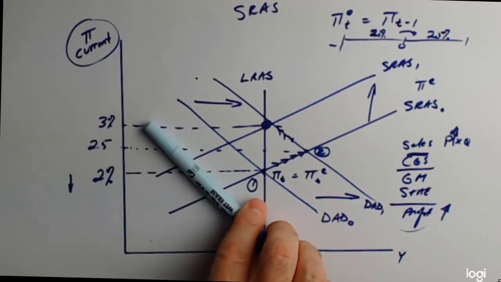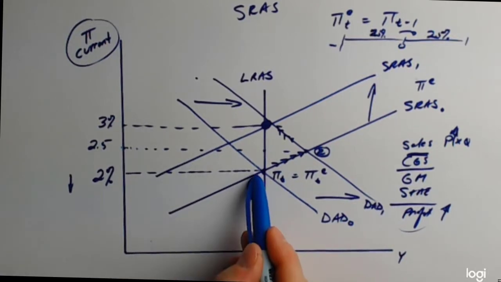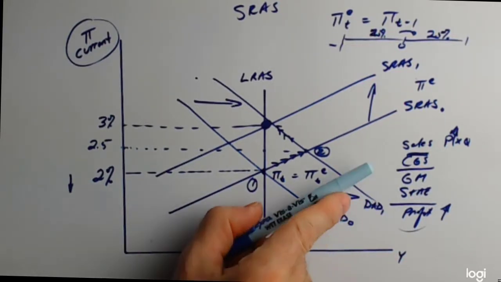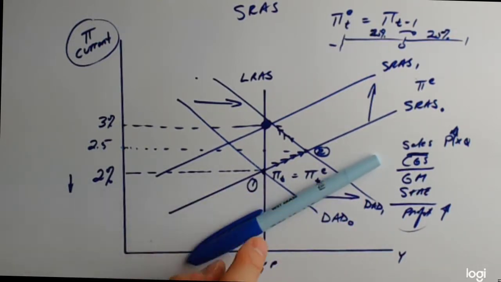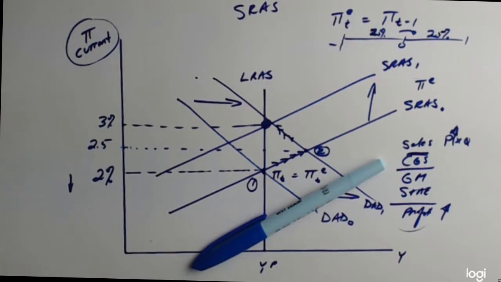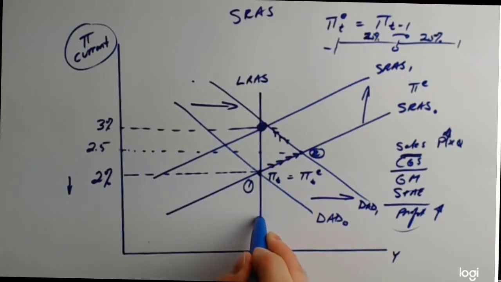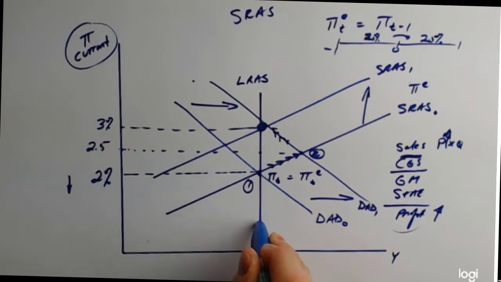So we'd be at a point here, and then since expectations are adaptive, the fact that prices have dropped in this period will mean that people will expect prices to drop again. They'll actually expect them to drop, and we'll move back to a new short-run aggregate supply curve down here, and we'll have a long-run equilibrium somewhere around this point at a lower rate of inflation, which kind of makes sense.